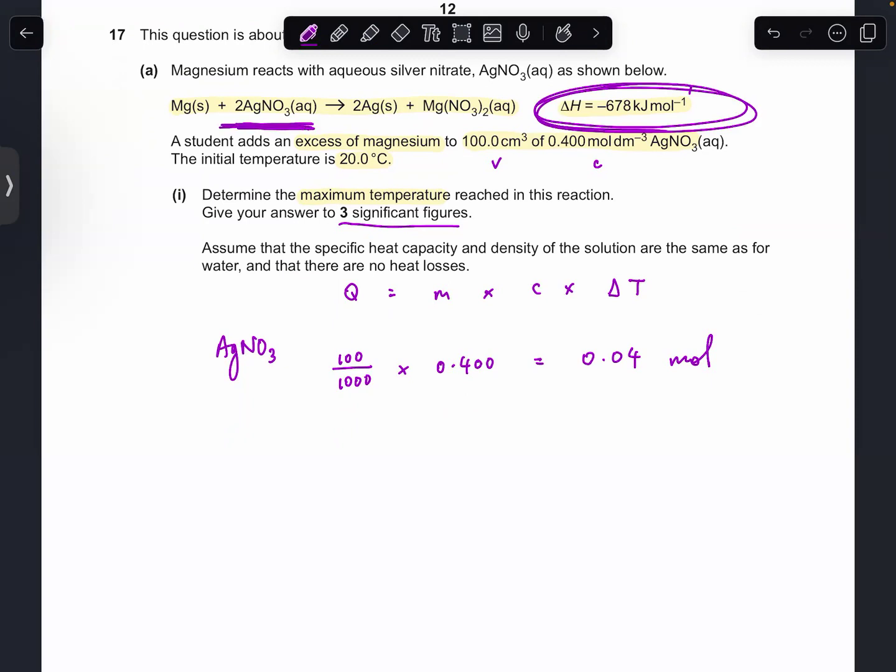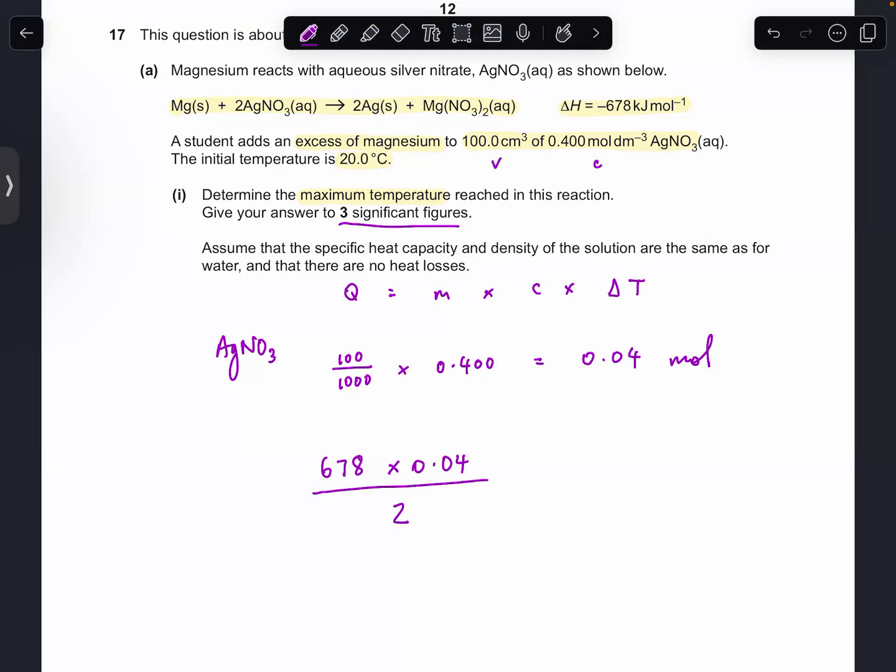So we're just looking at the energy change. So just use the value 678 kilojoules per mole. Let's multiply that by the moles, 0.04. And you see, this is per 2 moles of silver nitrate, but we only want per 1 mole. That's why we divide by 2.